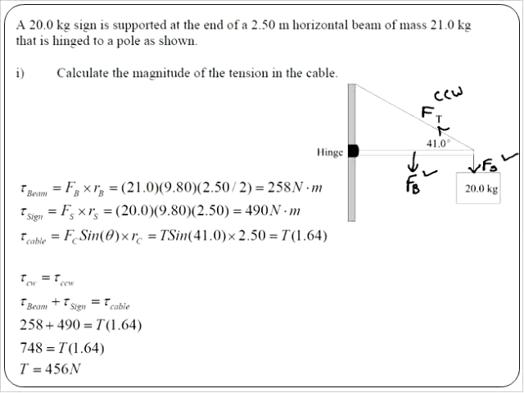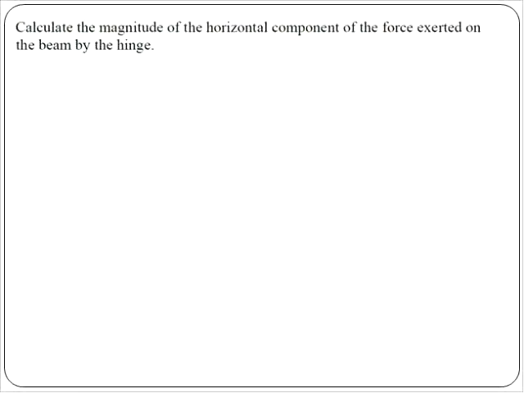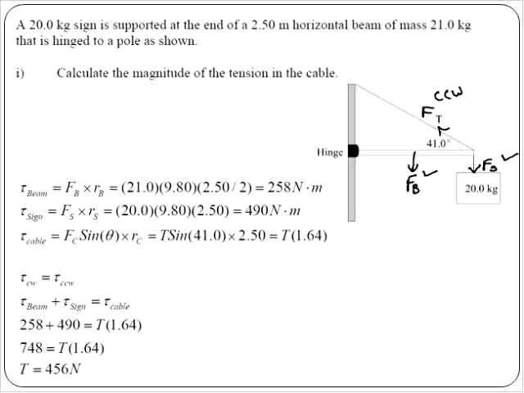And then the second part of this question asked you to find something else. Take a look. This one asks you to calculate the magnitude of the horizontal component of the force exerted on the beam by the hinge. So remember, there's a force right here, like that. Now we don't know what that force is, but we do know that it has a horizontal component and a vertical component.